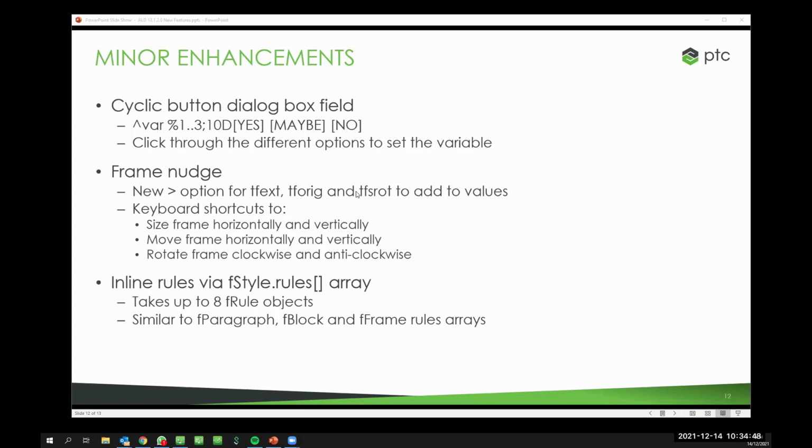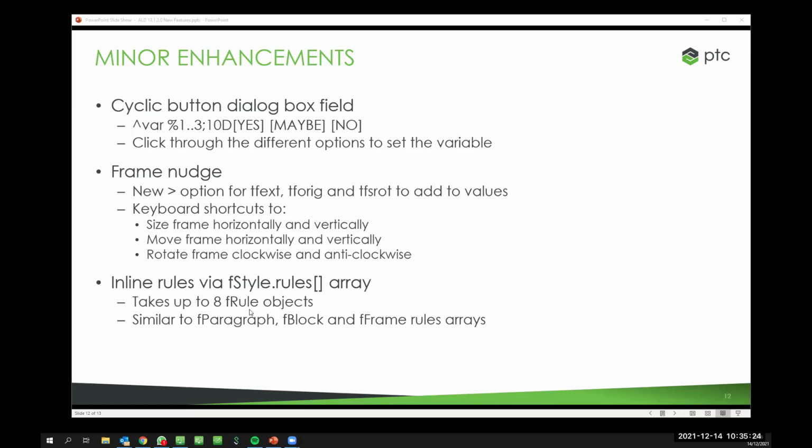We've also provided some keyboard shortcuts for that, so you can now use Alt and the left, right, up, and down buttons to move the frame across. You can use Shift, Alt, left, right, up, and down to increase the size and decrease the size. And if you use, I think it's Control, Alt, and left and right, you can rotate the frame clockwise and anti-clockwise. So that's really just like a simple usability. It wasn't very difficult to do, but if you're using something like Layout Editor, it makes your life a whole lot easier because you can do stuff quickly off the keyboard.